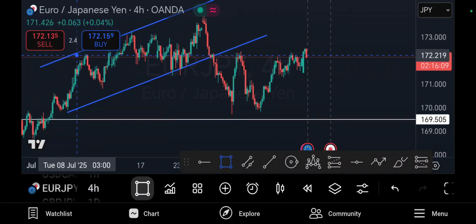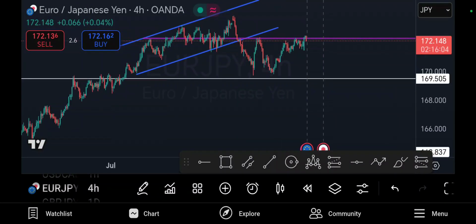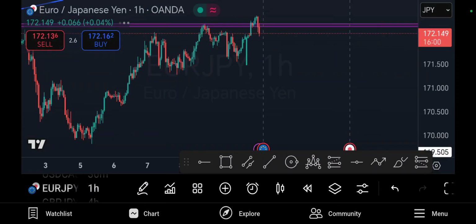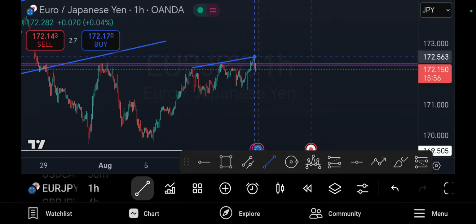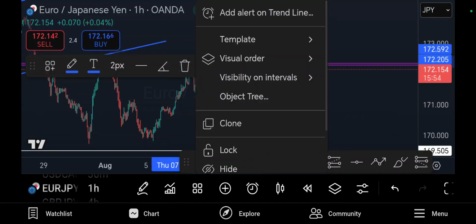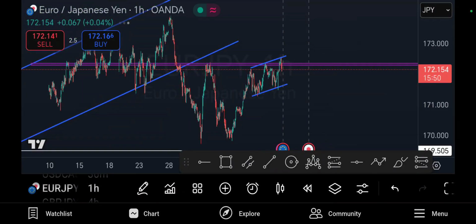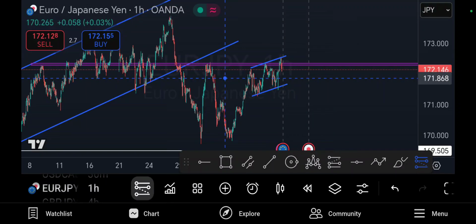So moving right along, we have this zone there. On the 1 hour, we can already see that it's creating this reversal pattern there. Yes, this one is a reversal. These things get confusing at times.